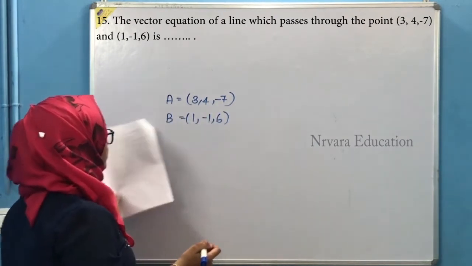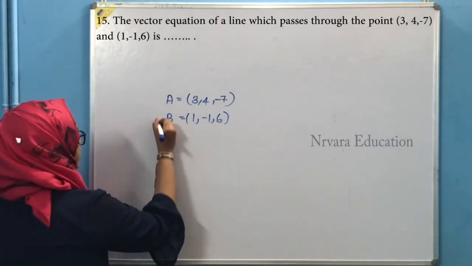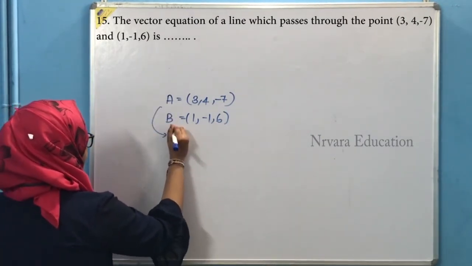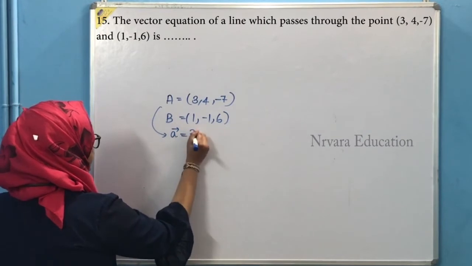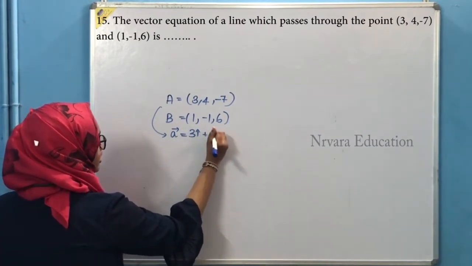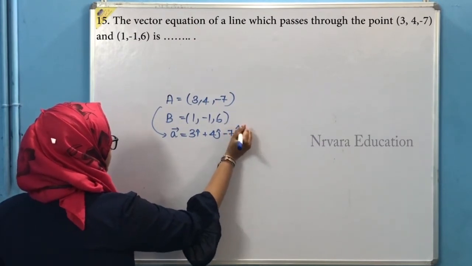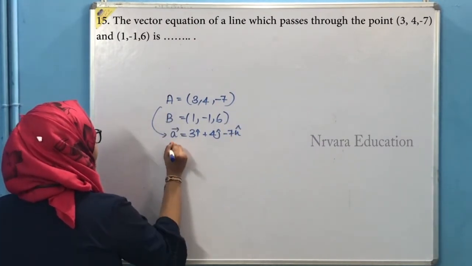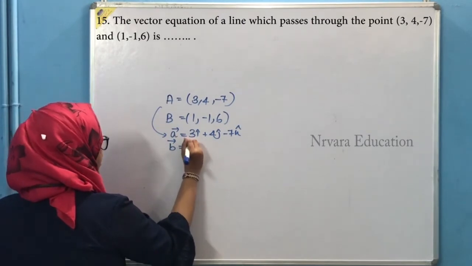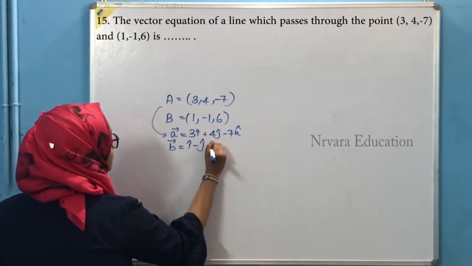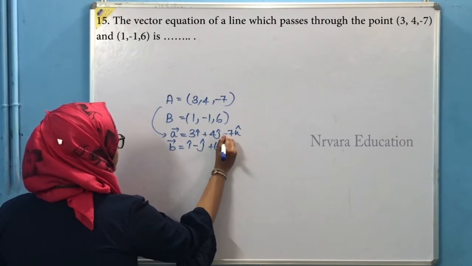Now let's write the vector equation for these lines. So for this, vector A will be 3i cap plus 4j cap minus 7k cap. And vector B equals i cap minus j cap plus 6k cap.